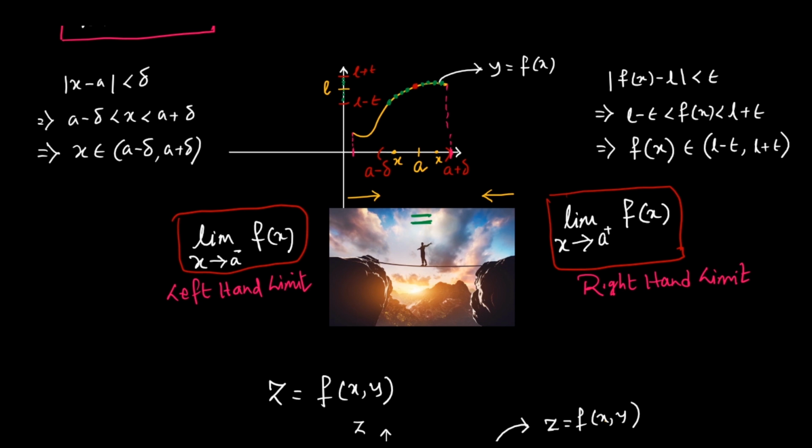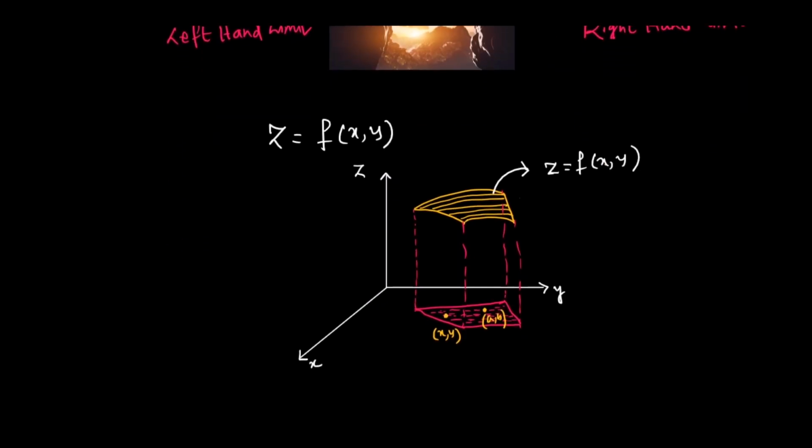Can you tell me, in this case, through how many paths can (x, y) approach (a, b)? In the earlier case, x can approach a only in two paths. Now in this case, through how many paths can (x, y) approach (a, b)?